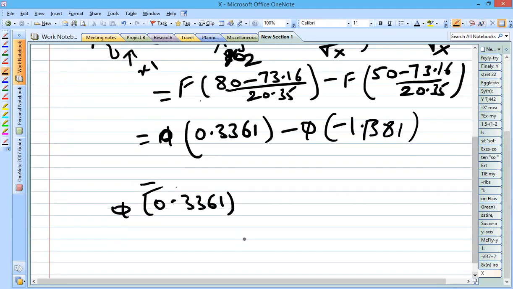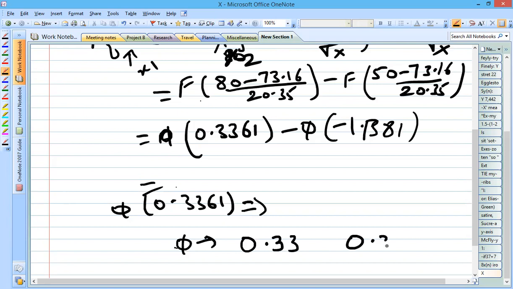So phi of 0.3361 can be obtained by tabulating the values for 0.33 and 0.34.